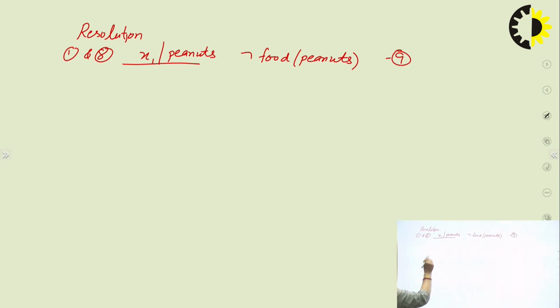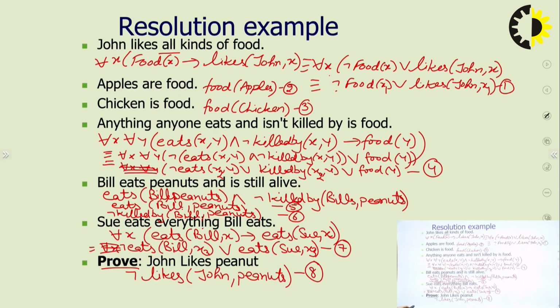Now I am having not food peanuts. Now see, not food peanuts. So if I see this, not food peanut can be resolved with food Y, that is 4.